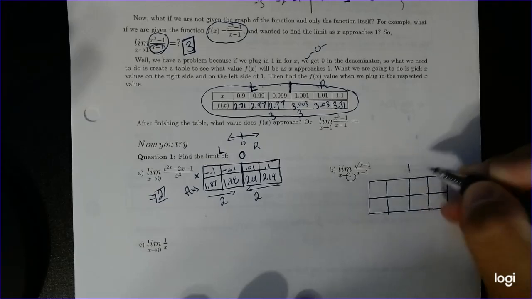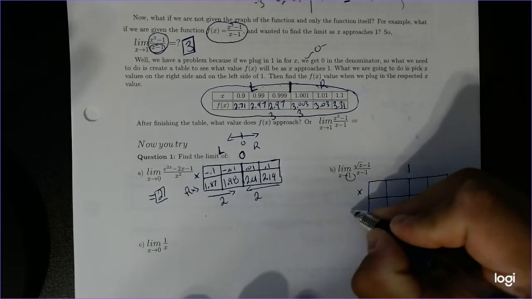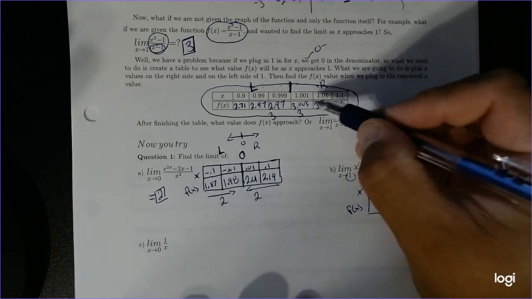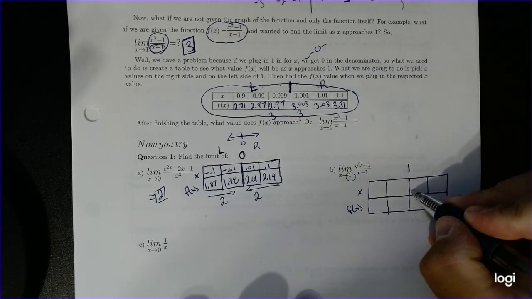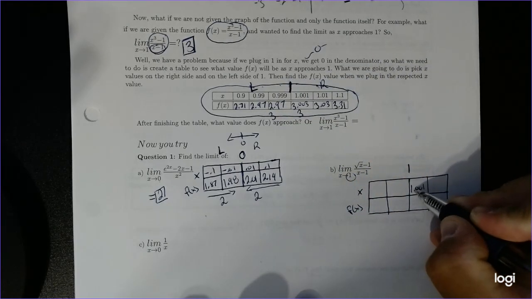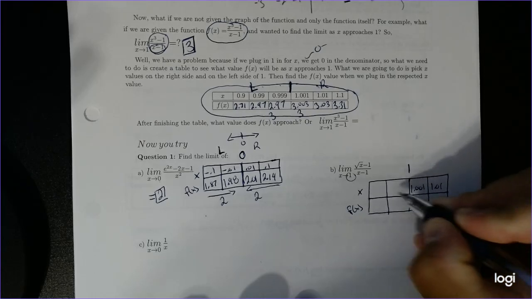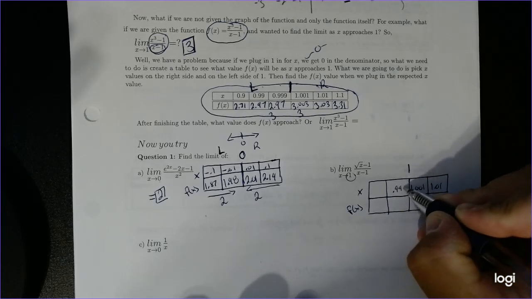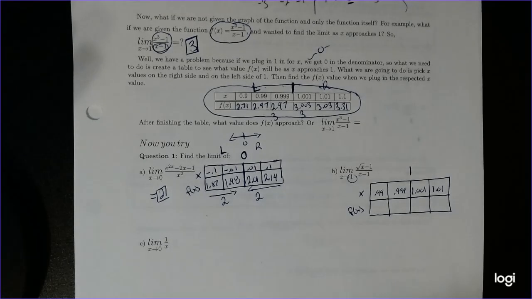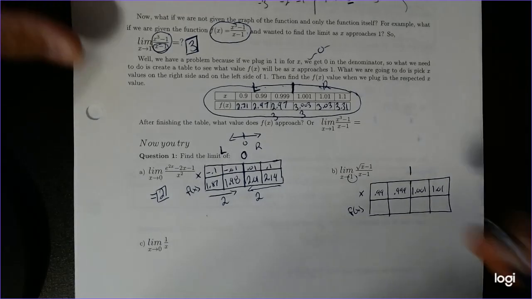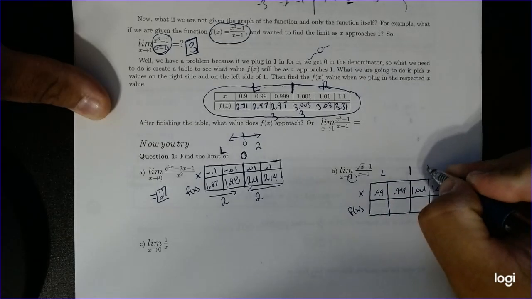So we'll use these 4 here. Okay, and now we'll go from the left first, and then we'll do the right.